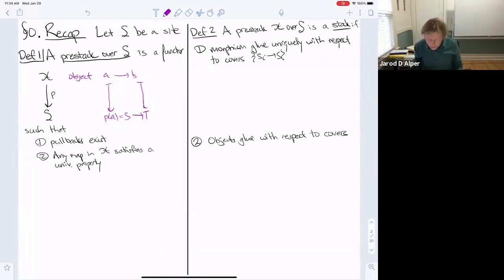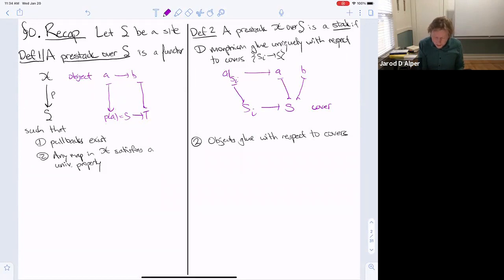Maybe just to say what that means: if you have an object S and 2 objects A and B over S, and you have a cover, you can consider the pullback of A to each S_i.